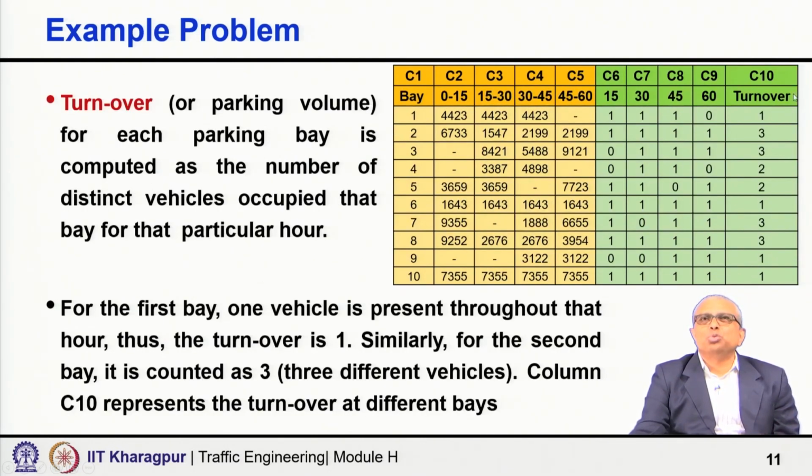Next, I create one more column C10, which I want to call the turnover, or you can call it parking volume, since I am calculating it per bay, every bay separately now. Whatever the parking volume, if only one vehicle has utilized the bay, it is 1, if 2 vehicles have utilized it, 2, if 3 vehicles, then 3, and it is only per bay. So, turnover and parking volume are the same here.